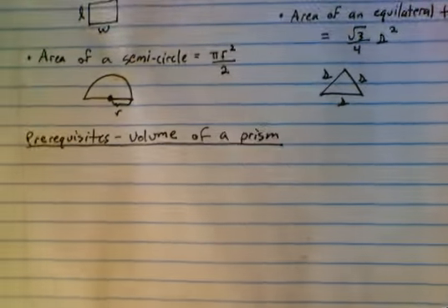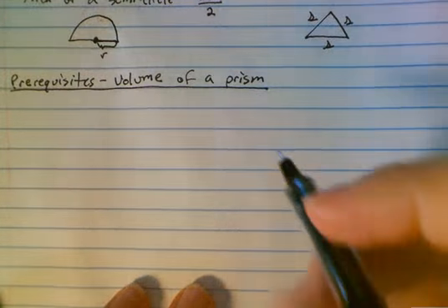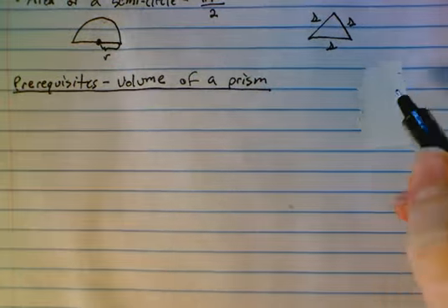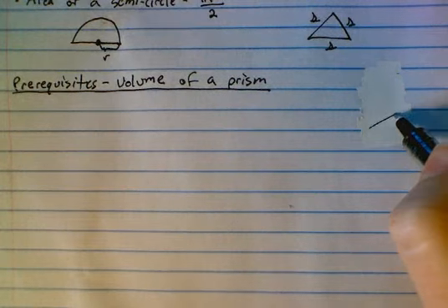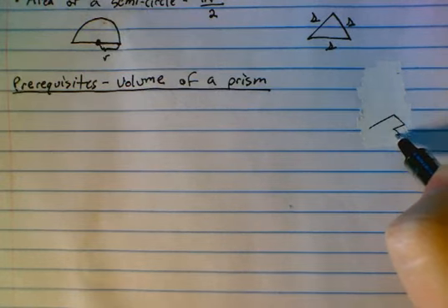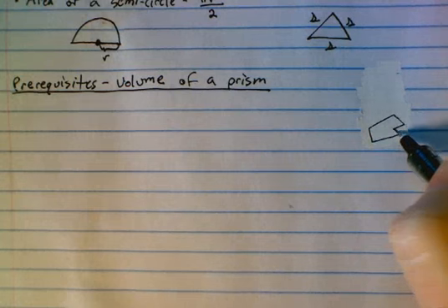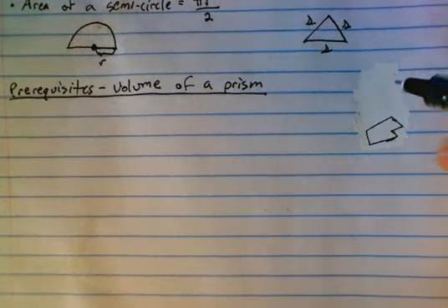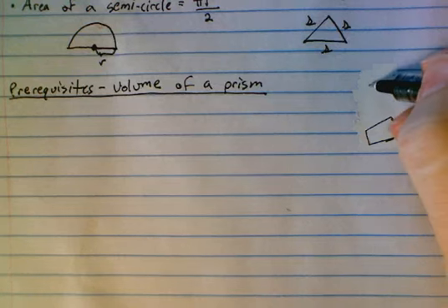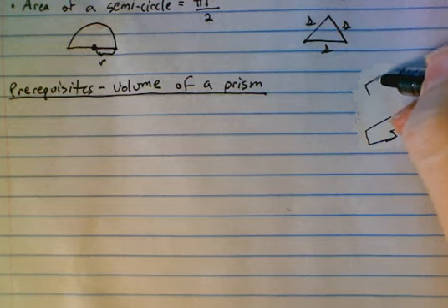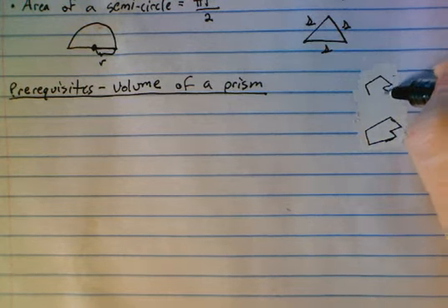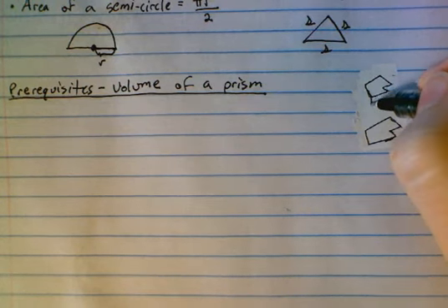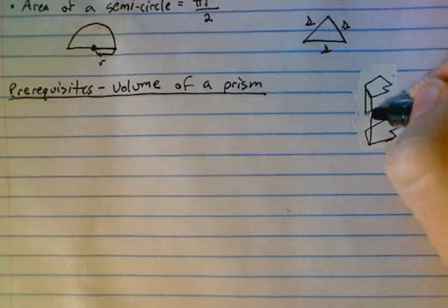So whenever we have a prism, let's just say it can be any weirdo shape that we want. Let's do something like this. So it's going to be the same shape all the way up to the top, at least insofar as my artistic abilities allow.